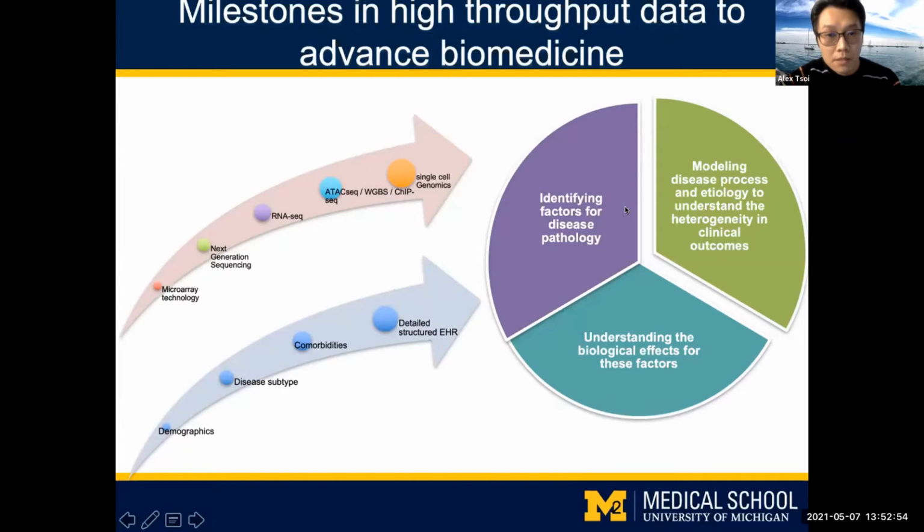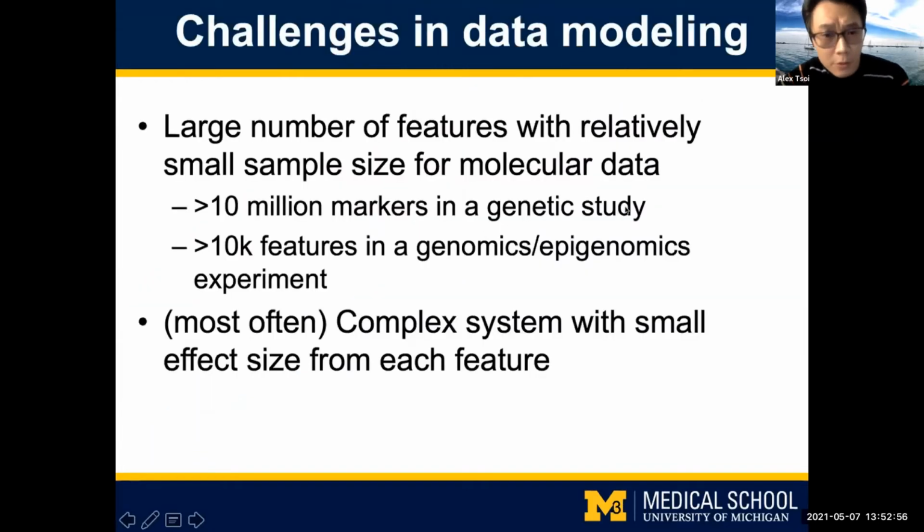As mentioned, there are some major challenges, and I'm just going to recap briefly. We are dealing with a really large number of features with a relatively small sample size, especially for molecular data. To give you a sense, in the genetic studies we have been working with, we are easily examining genetic variations for over 10 million markers.